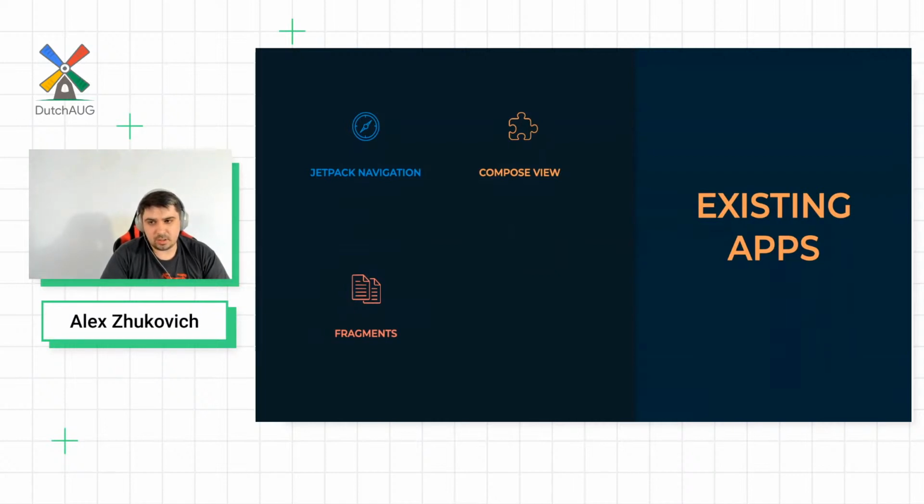Many current and modern applications use Jetpack Navigation as one of the latest solutions for navigation. However, if you don't use it, it's also not a problem. And almost every application is based on fragments. However, it's also based on activities.